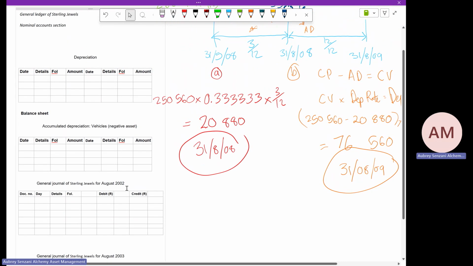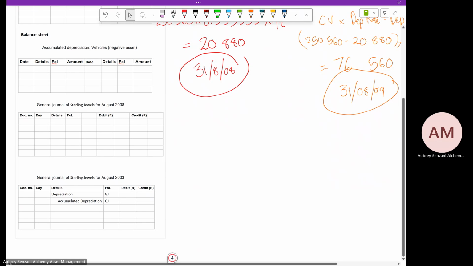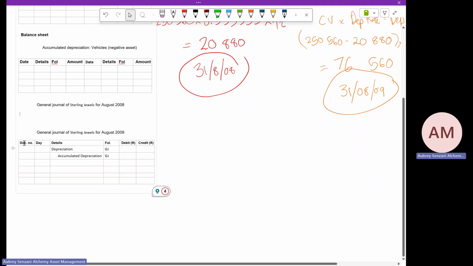I don't know why it's 2009. This should be 2008, and this should be 2009. So we quickly copy and paste, and let me delete this table to make my life easier.